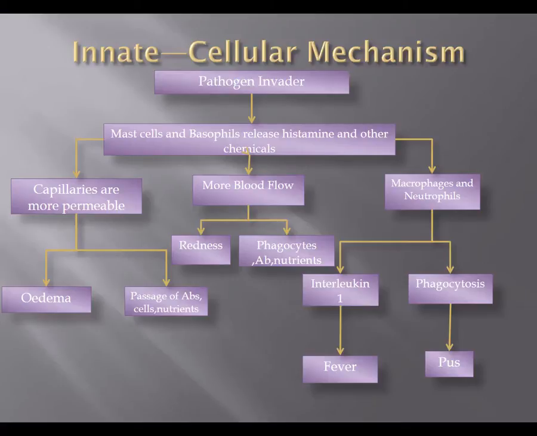chemicals. Okay, this is the flow chart of the inflammatory response, and let's look at what might happen if you cut yourself with an infected knife. The first thing that happens is that the resident mast cells, which have a pattern recognition receptor, recognize the PAMPs, the pathogen-associated molecular patterns.